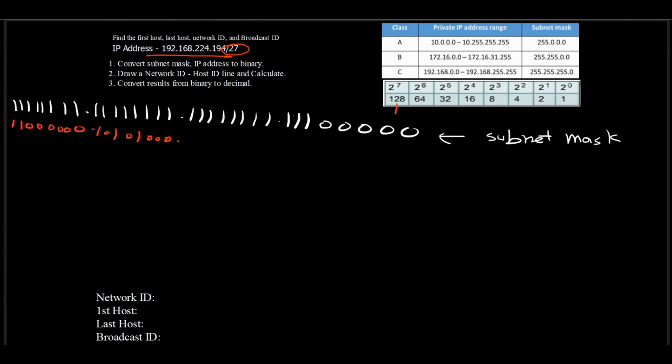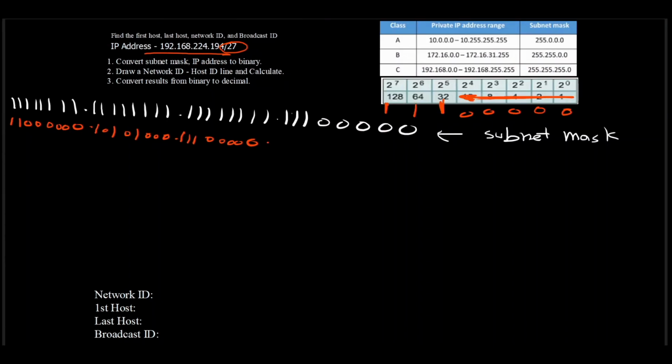So 128 plus 64 is 192, plus 32 is 224. We ignore the remaining, so it's going to be 1, 1, 1, followed by five 0s.